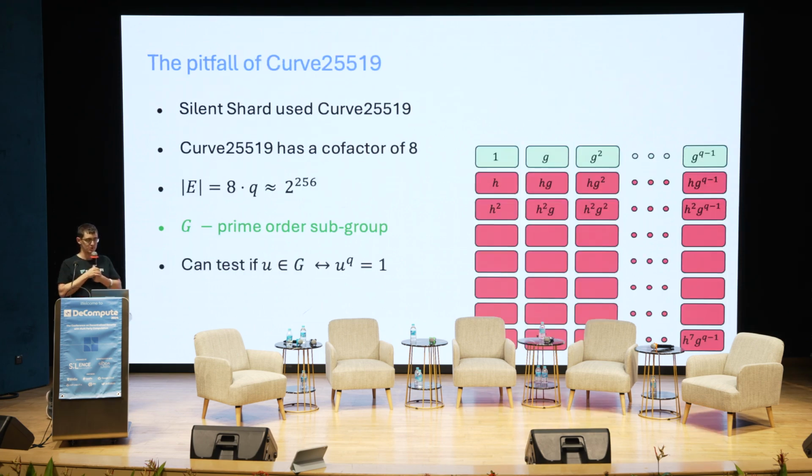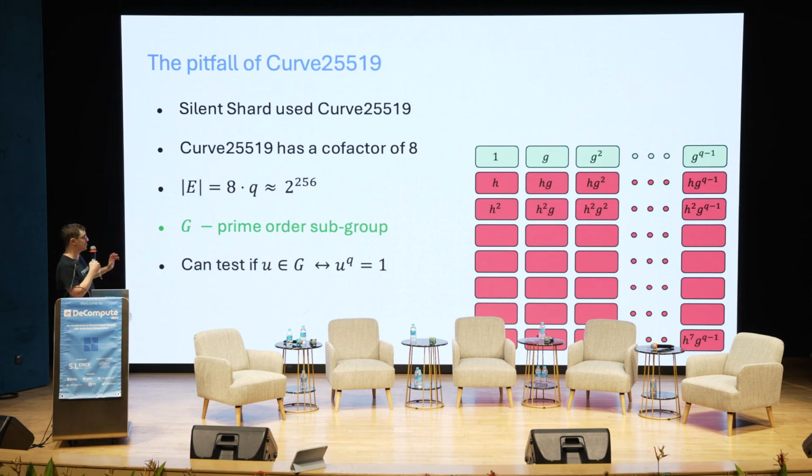So to explain how this works, again we need to look a little bit at elliptic curves. Specifically, this implementation originally used curve 25519 in order to run this Diffie-Hellman-like protocol. And the interesting part about curve 25519 is that the group of points on the curve is not a prime order group. It actually has a small cofactor of 8.